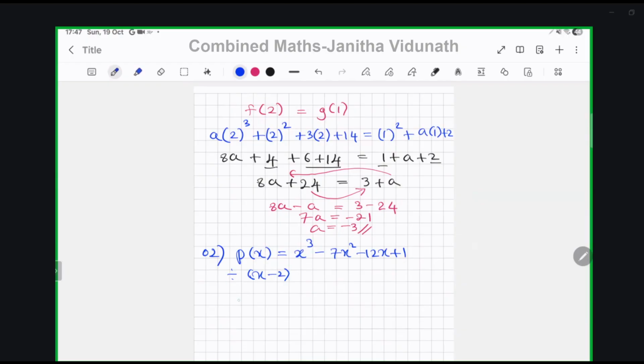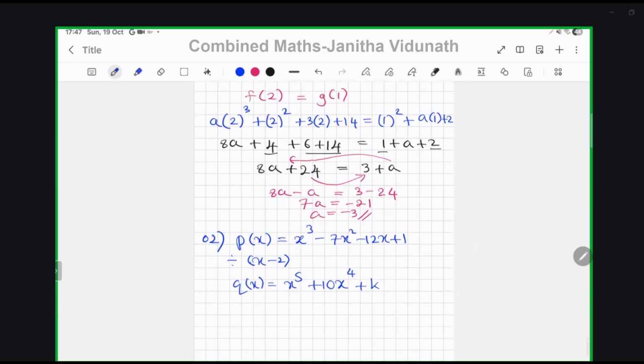And also they have mentioned that qx, which is equal to x to the power 5 plus 10 times x to the power 4 plus k, is also divided by x minus 2.